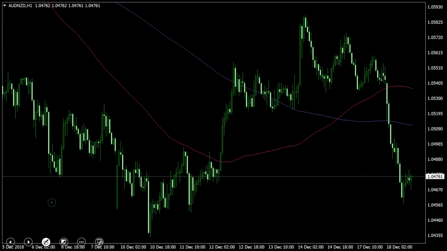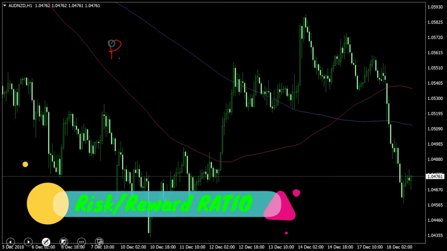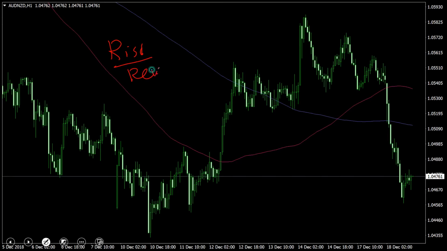So if you want to easily count the risk to reward ratio, you're taking 50 pips of risk and 150 pips of reward. So it's 1 to 3. You're taking 3 times the reward than the risk.